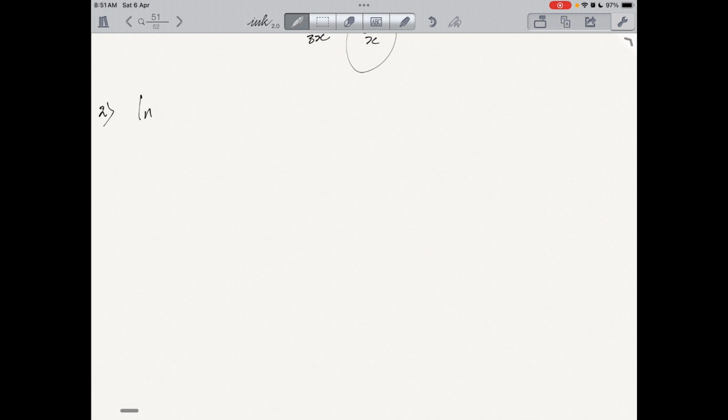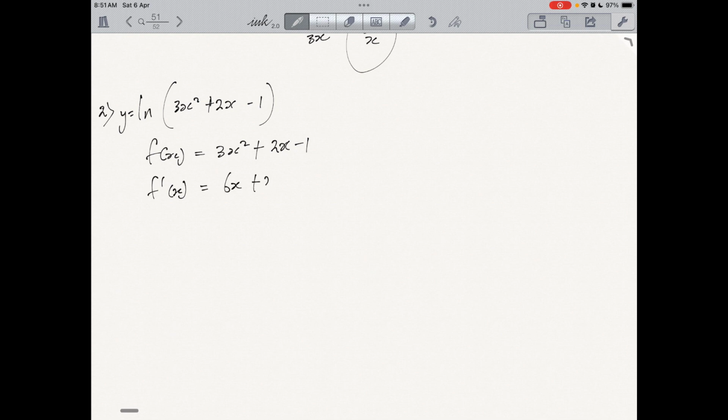Let us evaluate the differential of y is equals to ln(3x squared plus 2x minus 1). Now when we look at this, we know that f(x) is equals to 3x squared plus 2x minus 1. Let's differentiate this to get f'(x), and that will give us 6x plus 2.